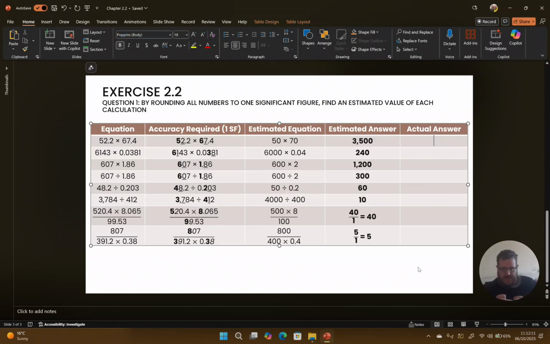Well, in that case, I'll go over to my scientific calculator when it comes to fractions. And with that, we'll then do the normal calculator on my phone for everything else. So 52.2 times 67.4 is that.